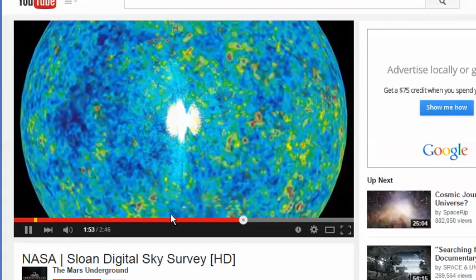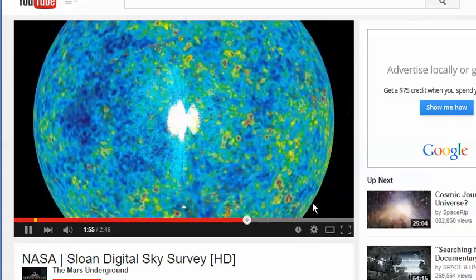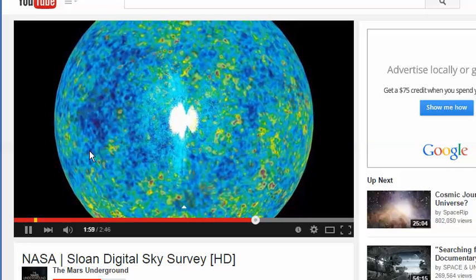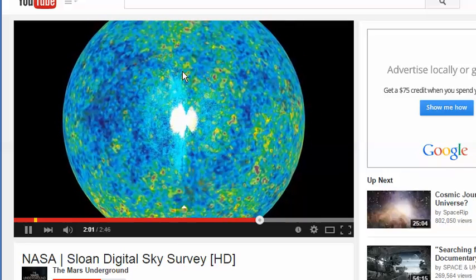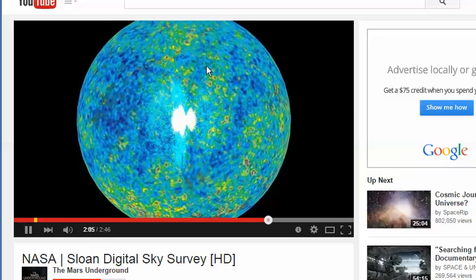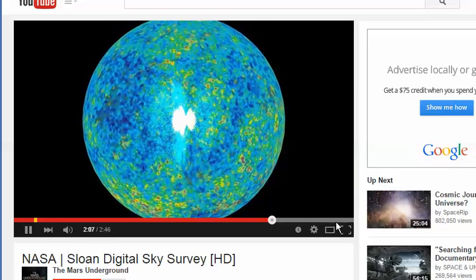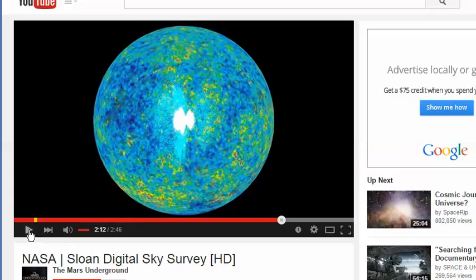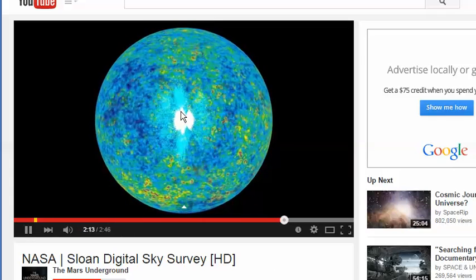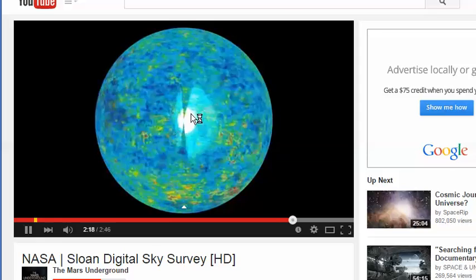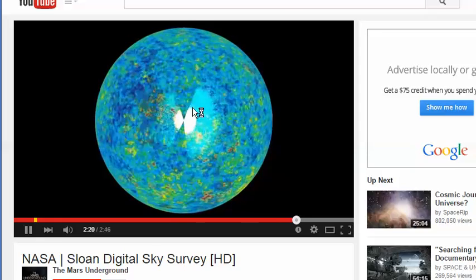And then superimposed on that, this is not part of the Sloan Digital Sky Survey, but this map here is the cosmic microwave background radiation. Now, I believe what they are essentially saying is that this is a redshift of 0.15.